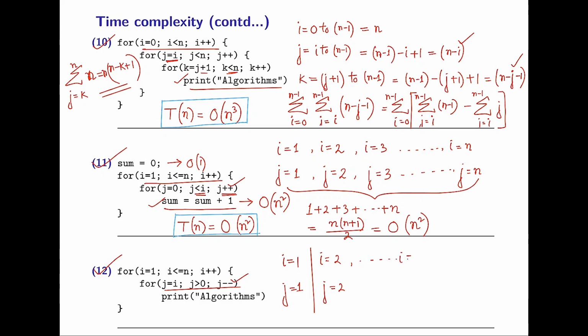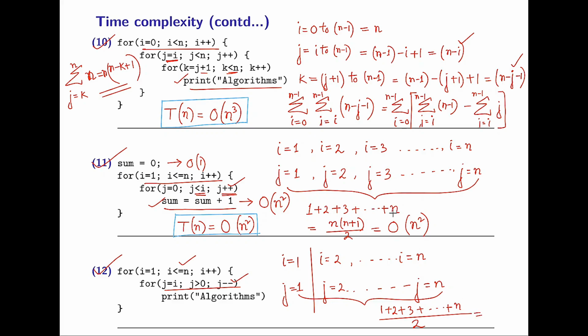So in total, i is going to run n times. When i equal to n, j is also equal to n times, right? Okay. So in total, how many times? So 1 plus 2 plus 3 plus, like that it will go up to n divided by 2.